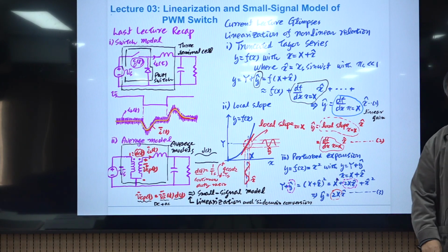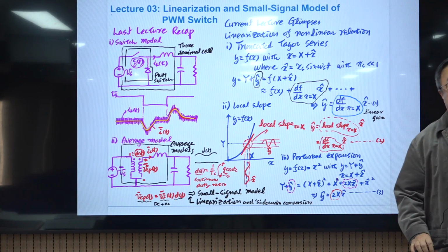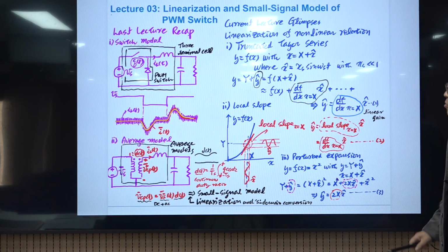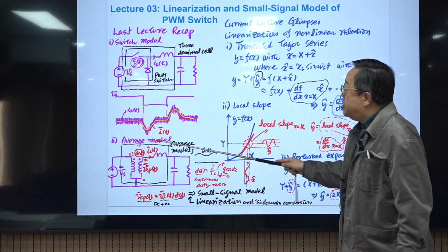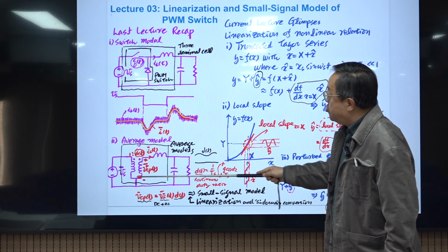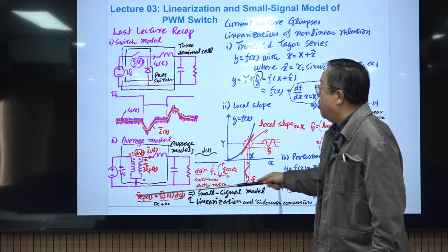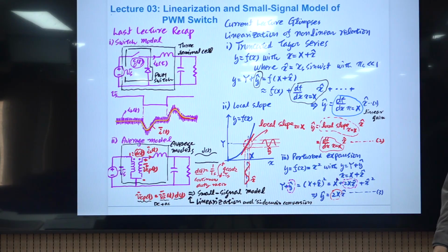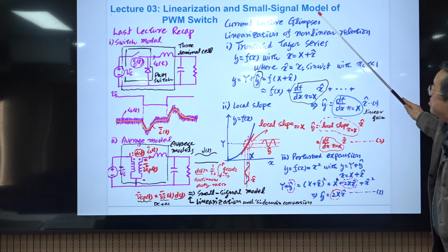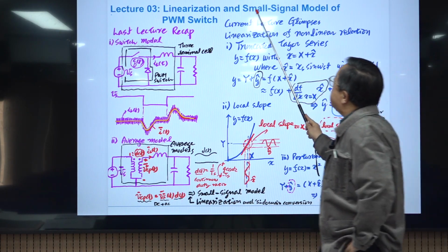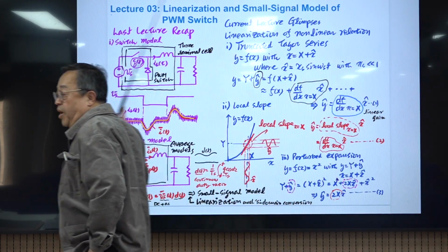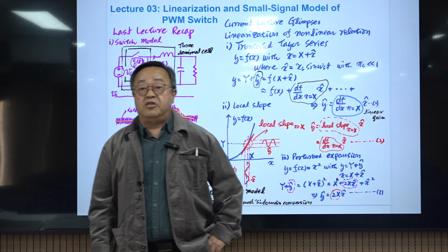So this will be used to derive the small signal model of this PWM switch, the average model of the PWM switch, or the average model of the entire converter. Okay, so now we move forward with the next slide discussing the small signal model, switch model, and linearization process.